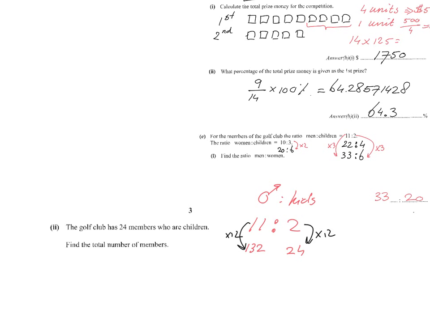But we also have some women. So at this stage, I'm just going to write down here 132, otherwise I might forget. Now for the women, the ratio was 10 to 3. So I'm going to write down here ratio women to kids, 10 to 3.